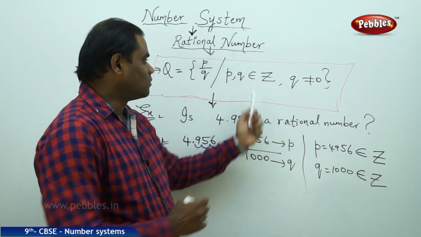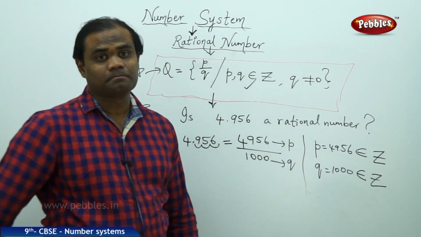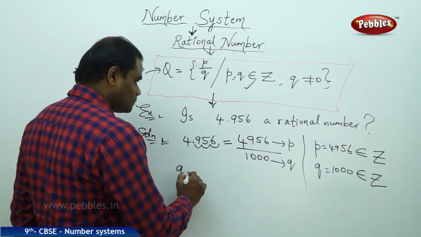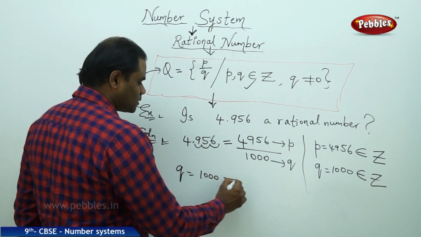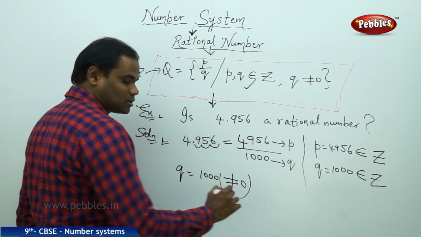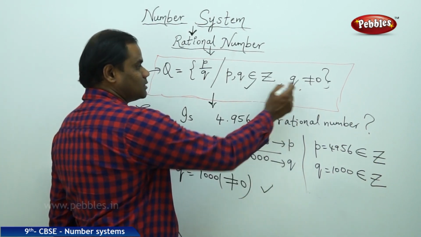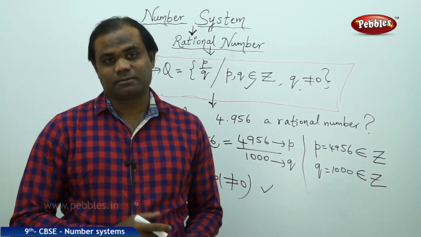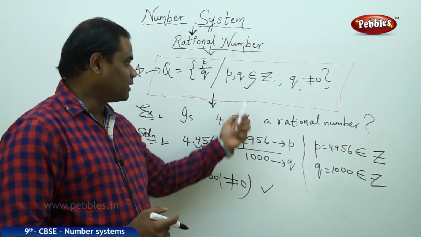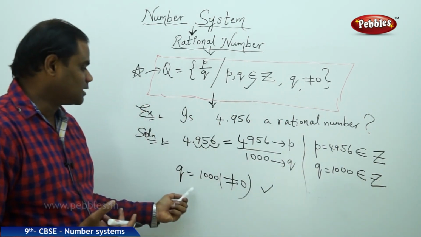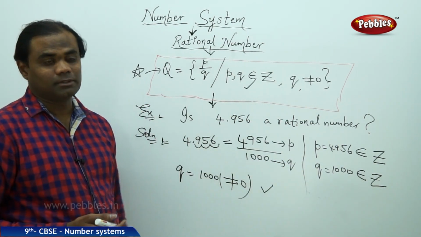Therefore, the test number 1 is a pass. Next, coming to the test number 2, I have my Q, which is 1000 and which is not equal to 0, because 1000 can never be equal to 0, and therefore this also is a pass for test number 2. Therefore, this number satisfies test 1 and test 2, thus being a rational number.